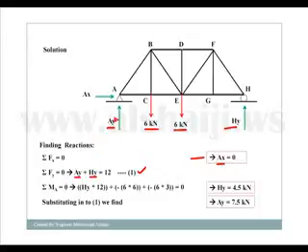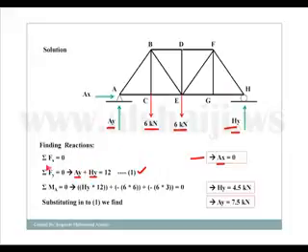Simply, let's take the summation of the moments about a point where one of the forces AY or HY passes through it. I chose A, so I take the summation of the moments about point A. The summation of the moments about point A will equal HY times the distance from H to A, which is 3 plus 3 plus 3 plus 3, that's 12.